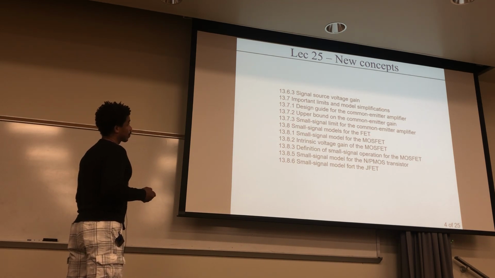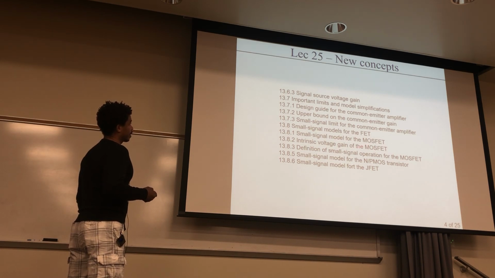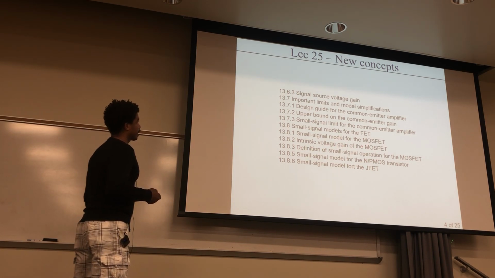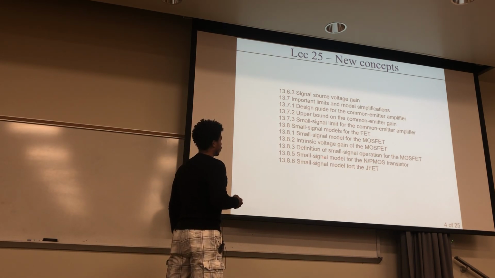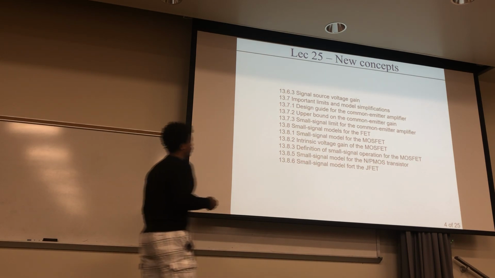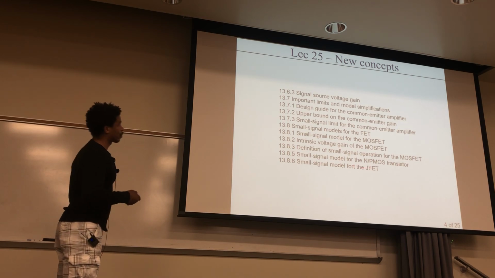Small signal models for the FET, small signal models for the MOSFET, intrinsic voltage gain for the MOSFET, and definition of the small gain operation for the MOSFET, and small signal model for the NMOS and PMOS transistor, and small signal model for the JFET.